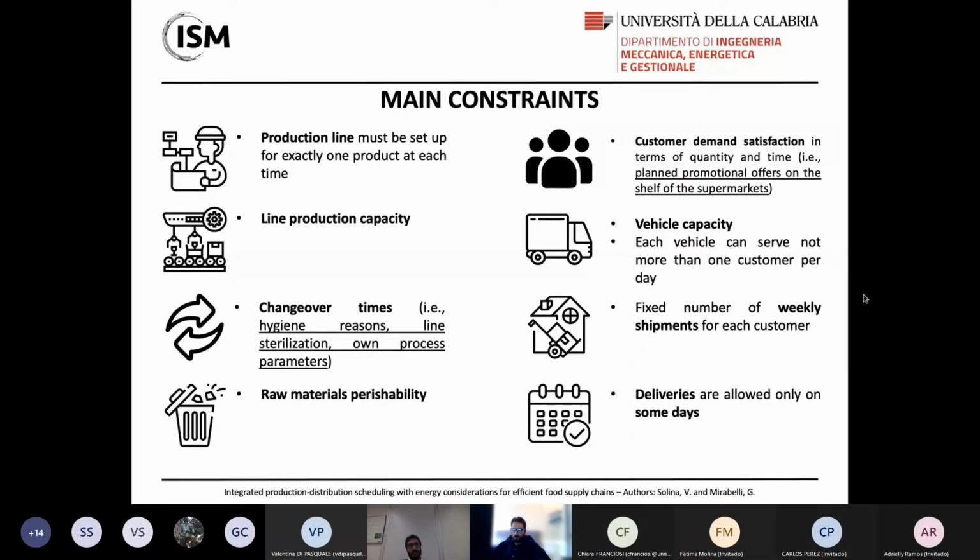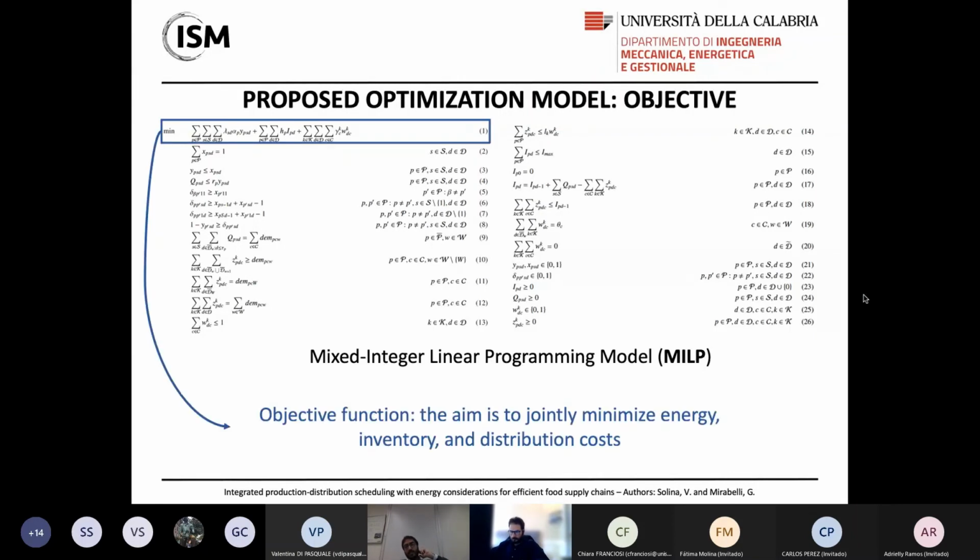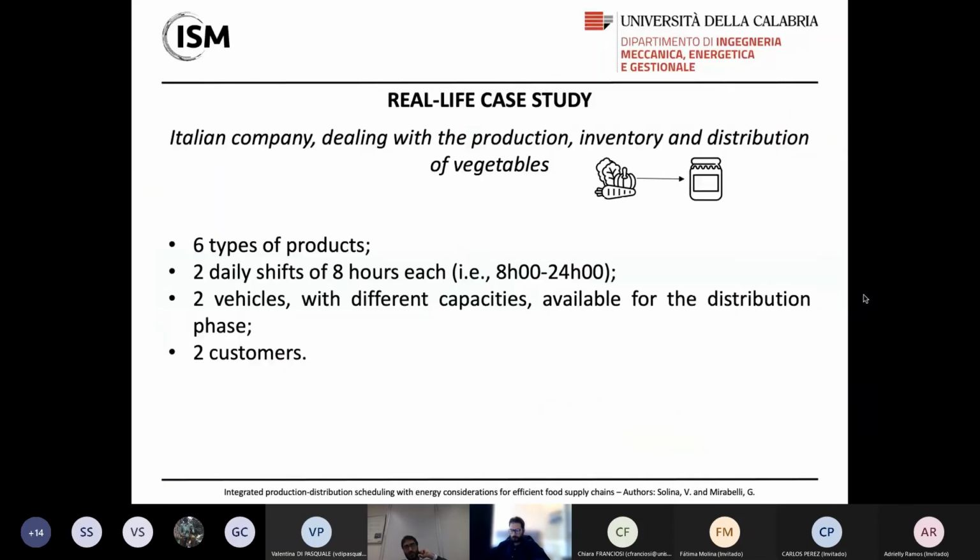For instance, on Sunday, there are no deliveries. This is the proposed optimization model. I have just explained the different constraints, but we have no time to explore each single part of this model, but we can say that it is a linear model. The objective function is to jointly minimize energy, inventory and distribution costs.